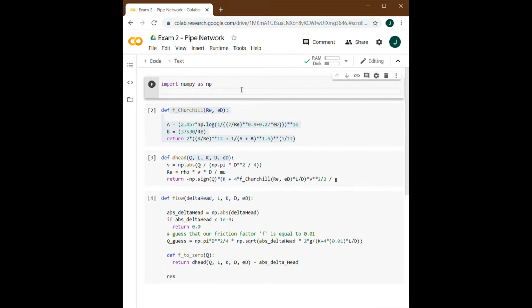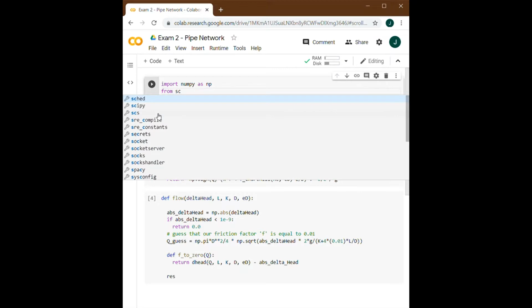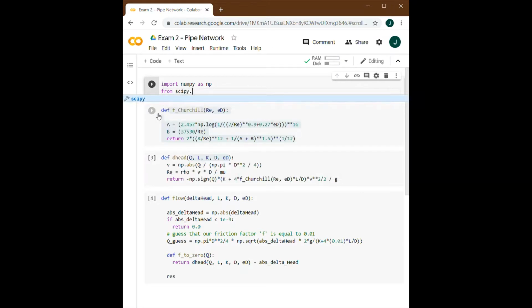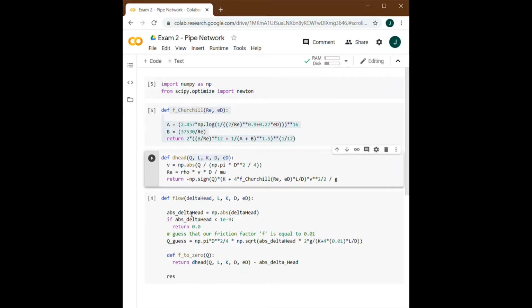So we have to go back up here and import that. We get that from scipy.optimize. Excuse my spelling. From scipy.optimize, we're going to import our Newton function.